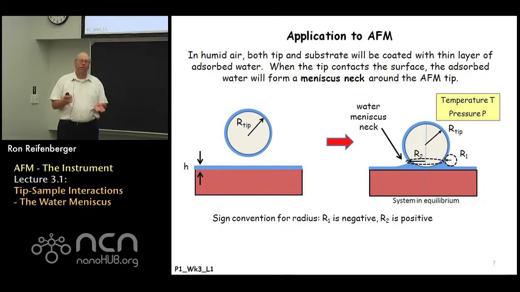Now, when you use the Kelvin equation, you have to be aware of the fact that there are sign conventions for the radii R1 and R2. For the particular application that we've got in mind here, the radius R1 tends to be described by a negative number. The radius R2 is described by a positive number. And these sign conventions have to be followed if you use the Kelvin equation.